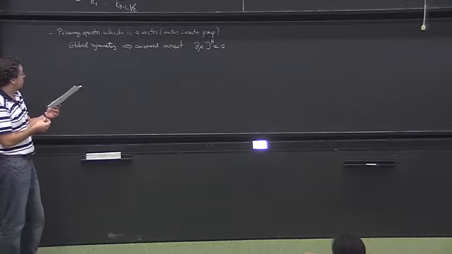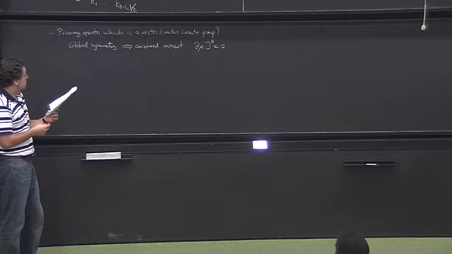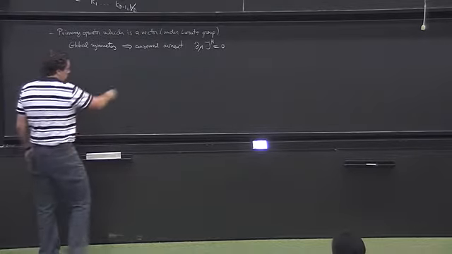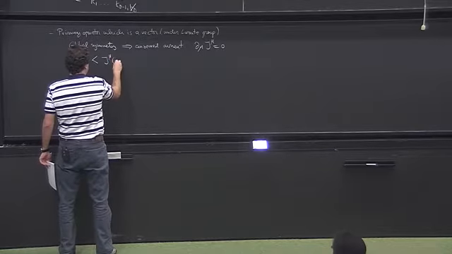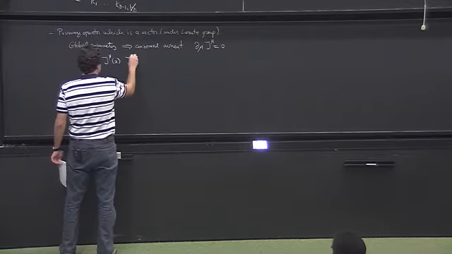What is the form of the two-point function of an operator that's a vector, a primary which is a vector? So we want to calculate things like this.